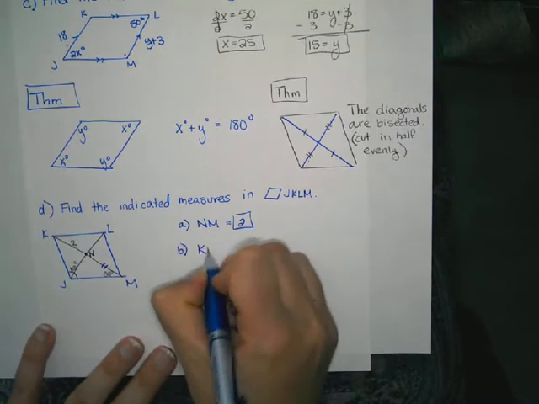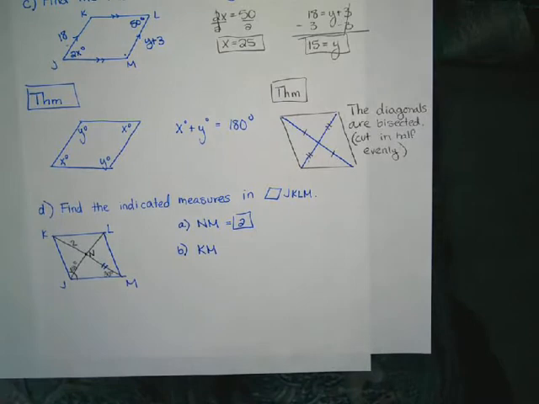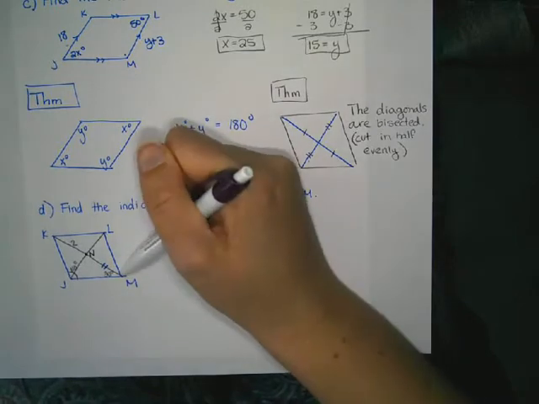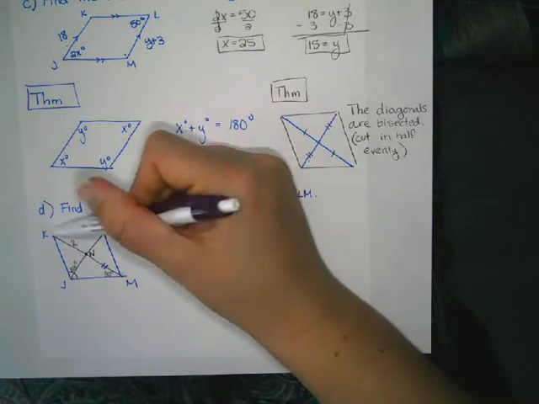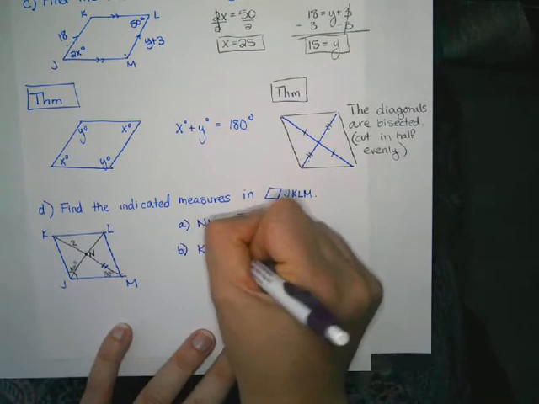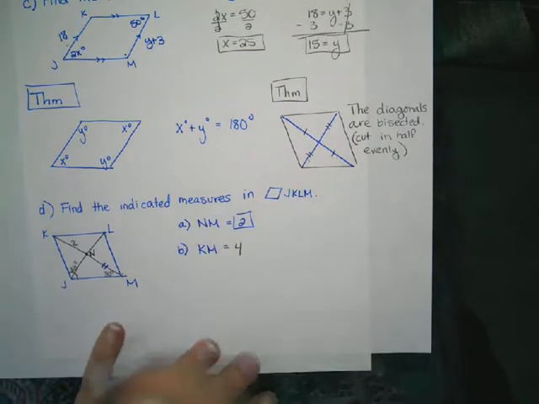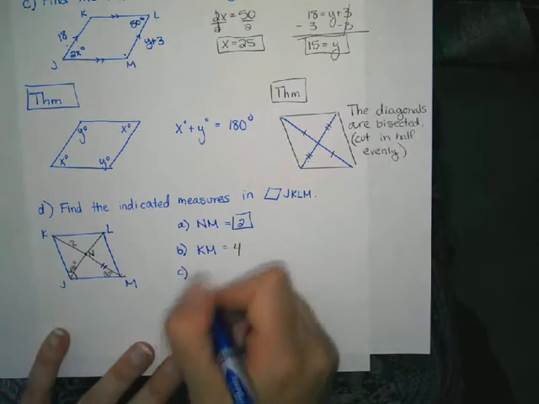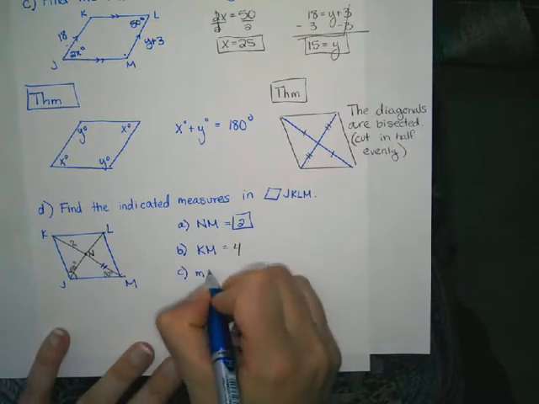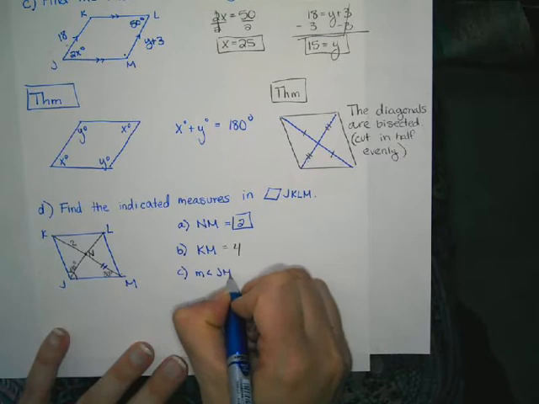Letter C. Find the measure of angle JML. Now, JML is this whole angle right here. I tried to darken it in. Now, what I gave you originally that I just covered up is that this little angle right here is 30 degrees. But that doesn't mean that that's 30 degrees.